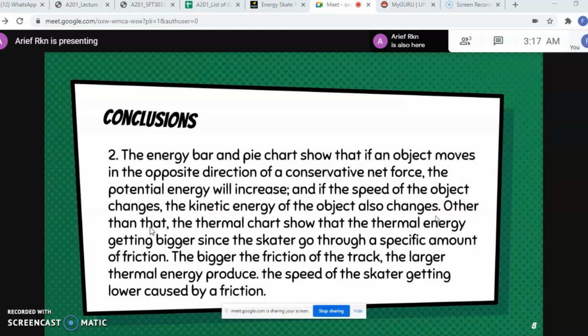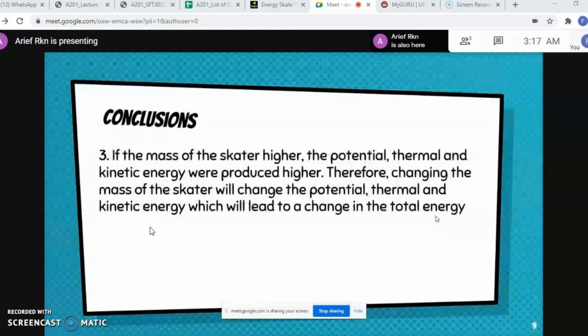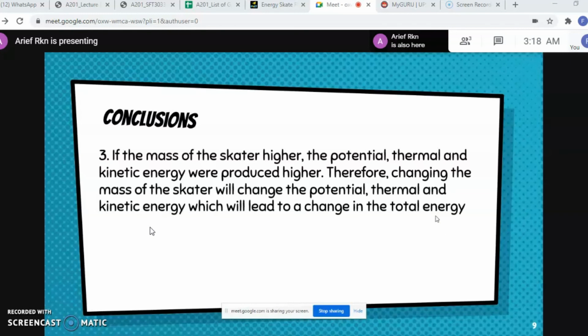Okay. Based on our objective, our third conclusion is that if the mass of the skater is higher, the potential, thermal and kinetic energy produced are higher. Therefore, changing the mass of the skater will change the potential, thermal and kinetic energy, which will lead to a change in the total energy.